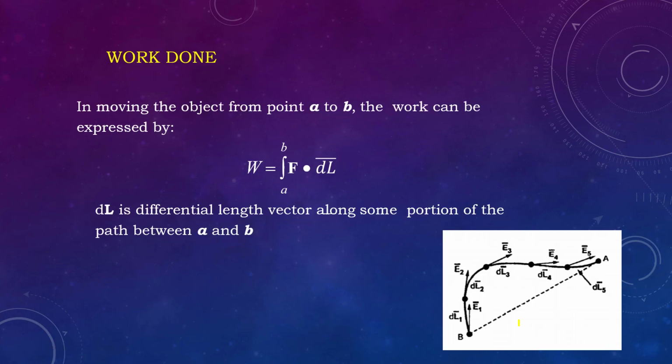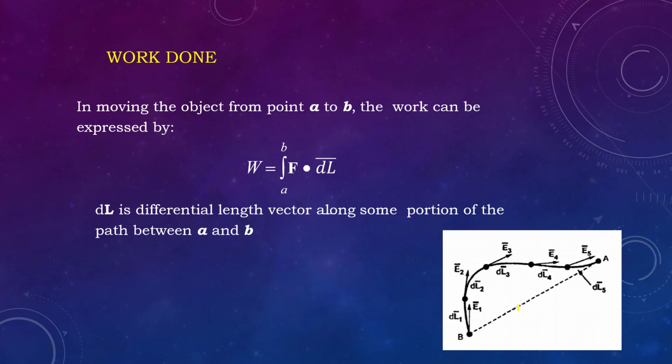See here, if I show you these two paths from point A to B or from B to A, any path you can go. Suppose our initial point is B and final point is A, then we can go in a straight line fashion, or we can go through these small paths. In any way, the path doesn't alter the value of work done.